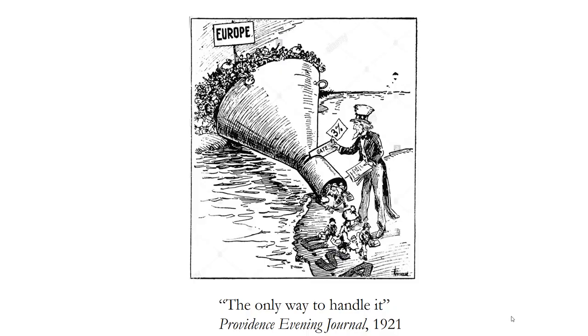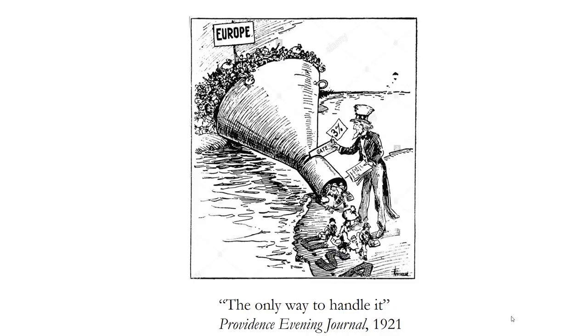Then we see a funneling process where Uncle Sam is standing on the shores of the US and holding up a card that says 3%. This number represents the first component of the policy change, which takes a count of the stock of migrants in the US as of 1910 and says that the new entry flow, the number of quota slots, is going to be equal to 3% of that stock.